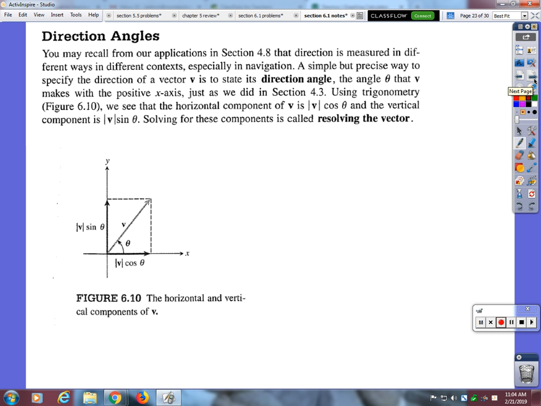If I start with this vector right here, this is important to write down. The amount of stuff going in the x direction is the magnitude of v times the cosine of this angle that it makes.